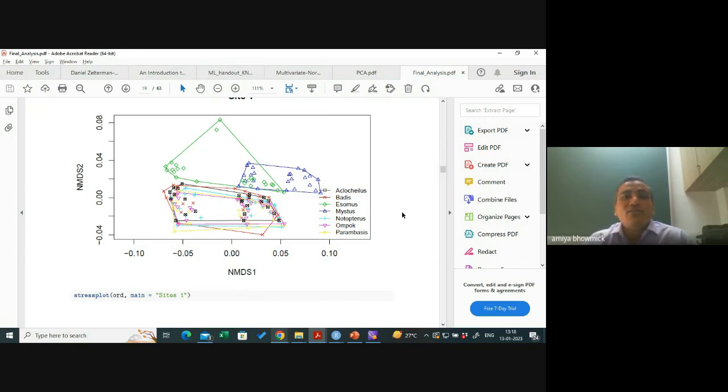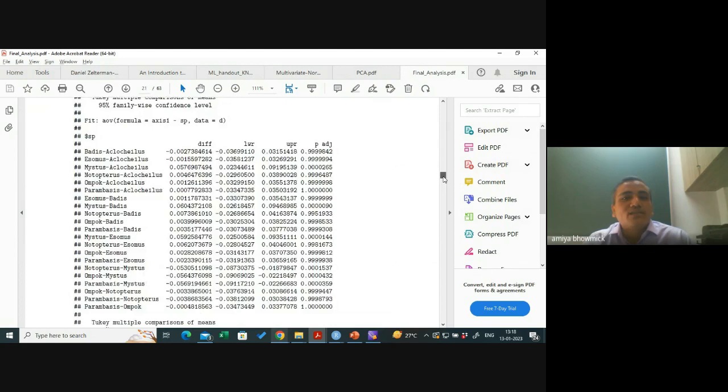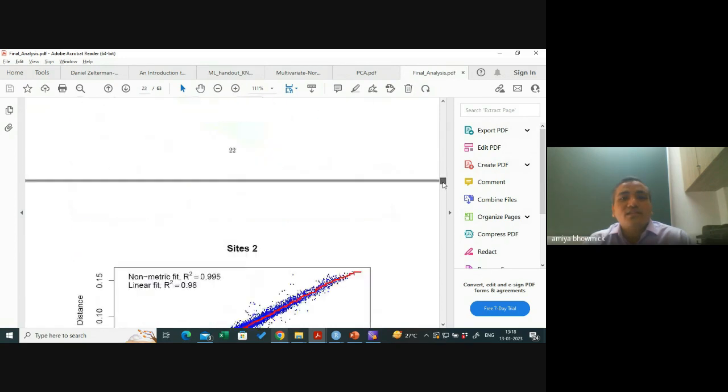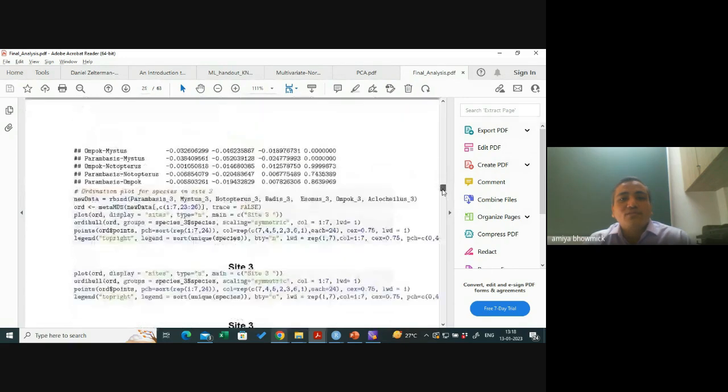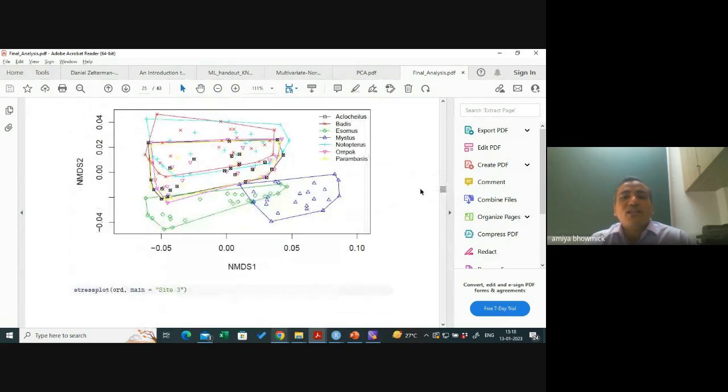Now, whether all of them are able to respond to climate change in the same way or not, that's being discussed over here. You see that when an MDS plot is done after the climate change scenario on the same species, the grouping is being broken down, right?